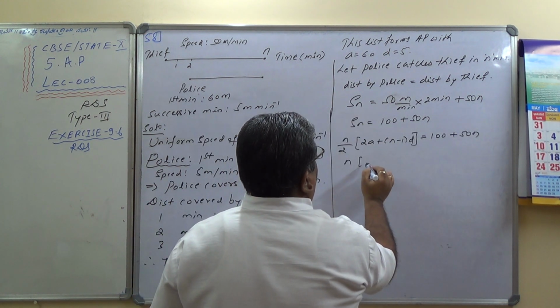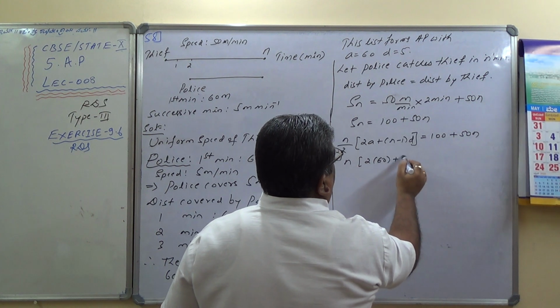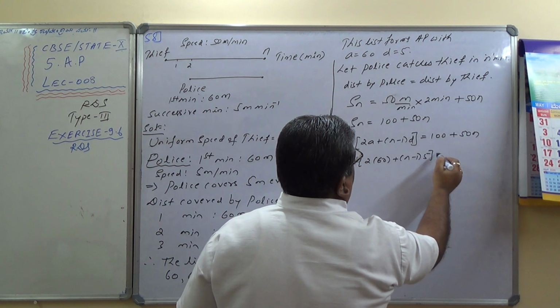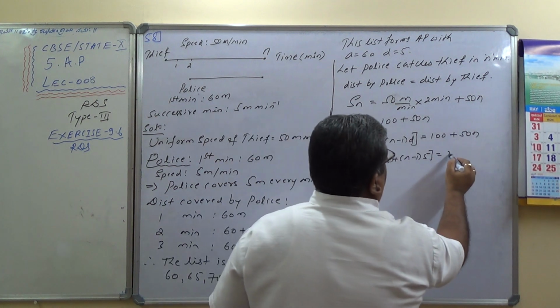This n into bracket 2 times 60 into 5 equals this. I am taking this side.